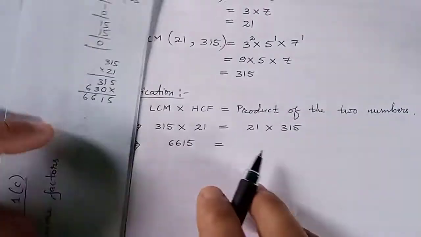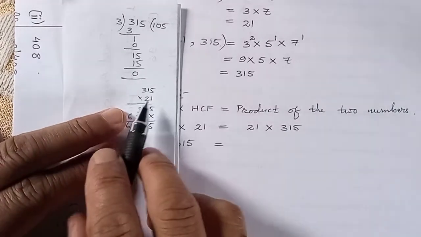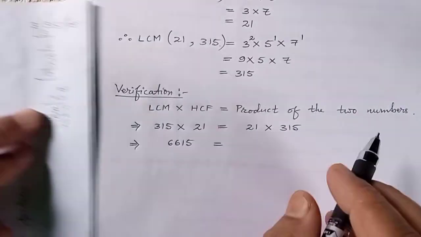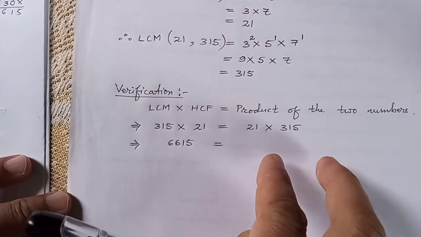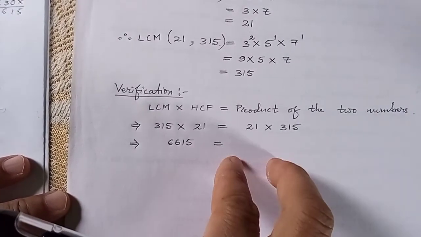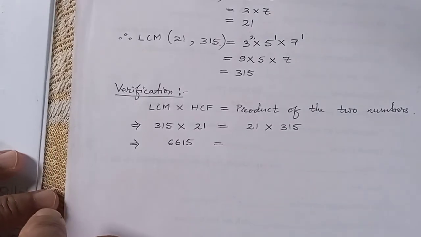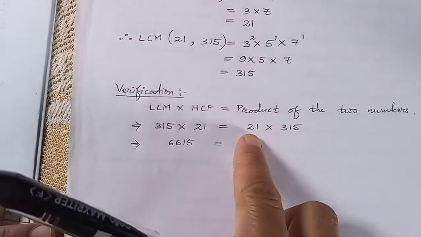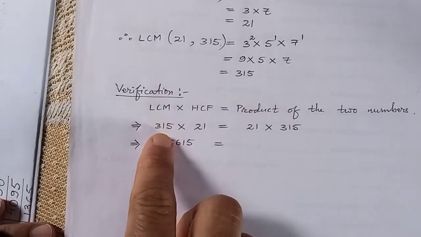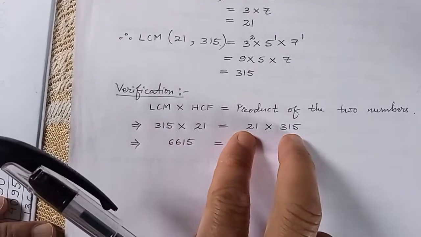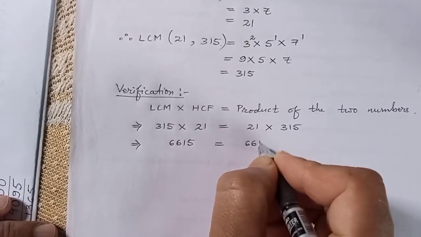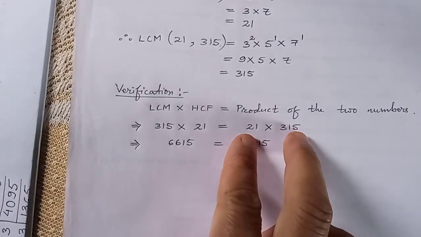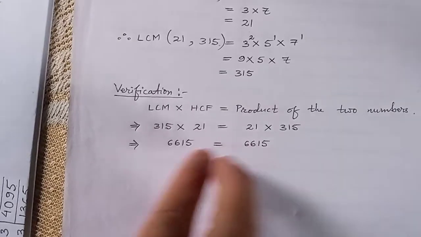And yes, students, in arithmetic, for any given integers, a into b is always equal to b into a. This is called the commutative property. So 21 into 15 will give the same answer as 315 into 21. Since the numbers are the same, the product will also be the same, 6,615.